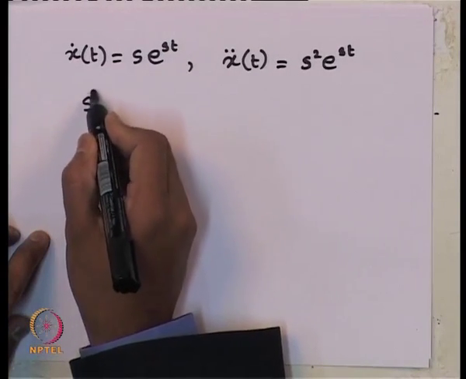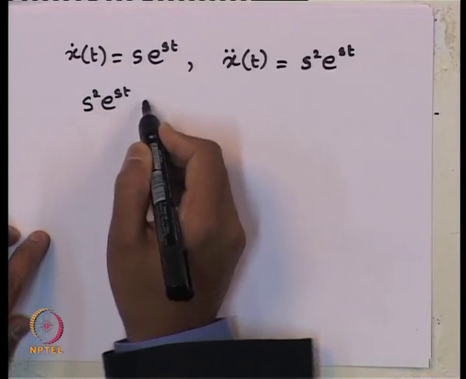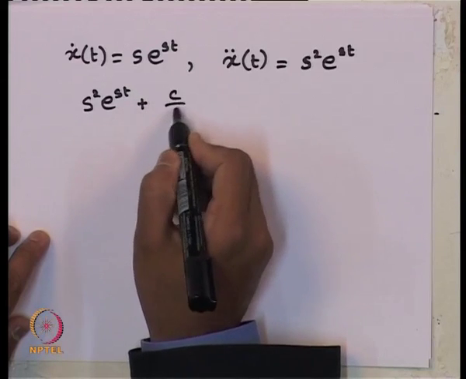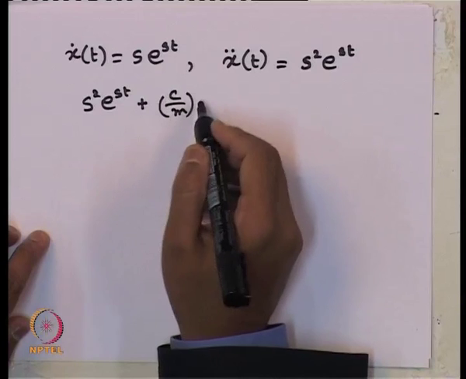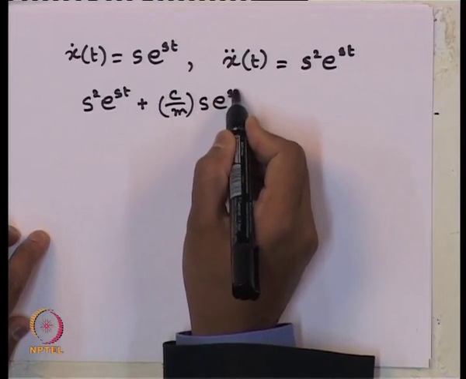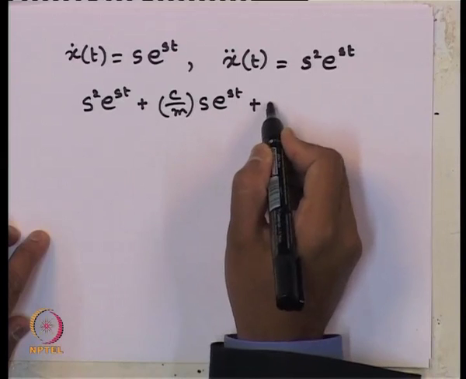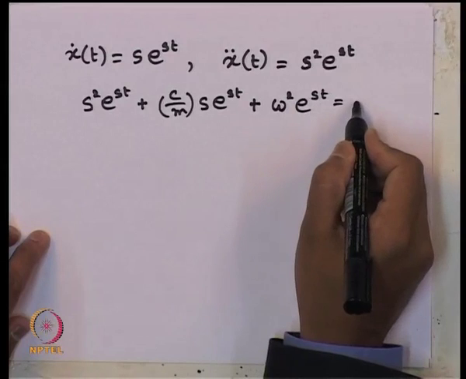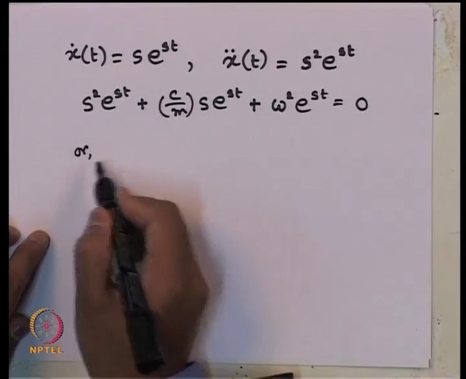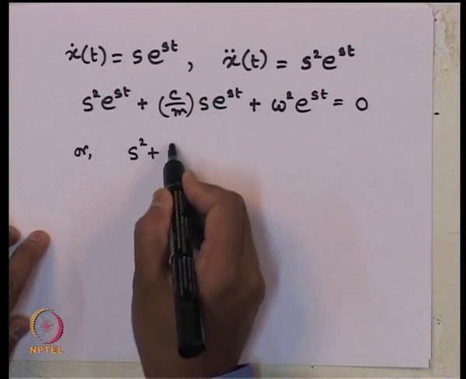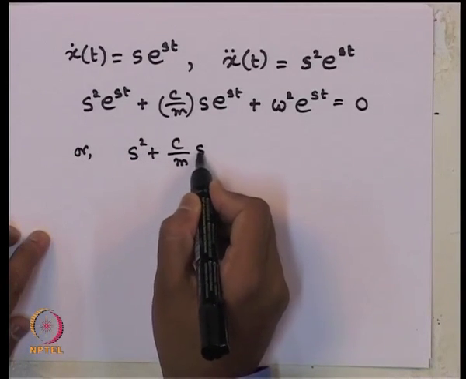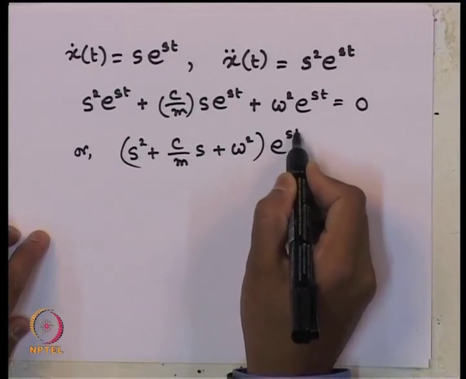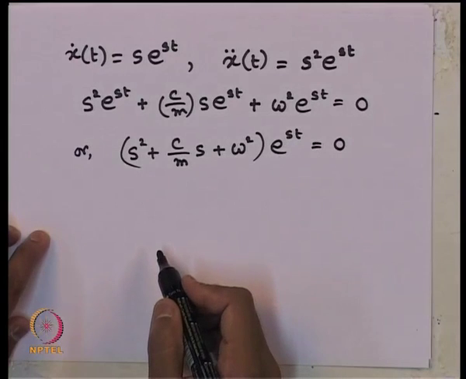We will get s square e to the power s t plus c by m s e to the power s t plus omega square e to the power s t equals to 0, or s square plus c by m s plus omega square times e to the power s t equals to 0.